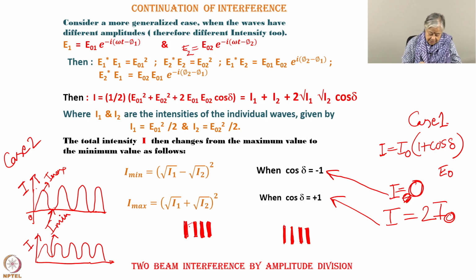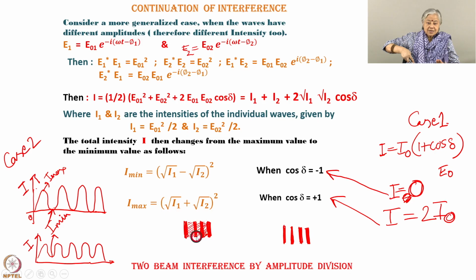So here you will get some kind of light. Basically, some sort of background light is also there, and this fringe pattern sits on top of it.